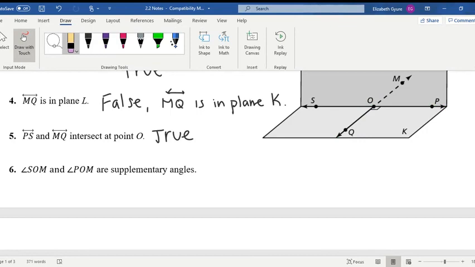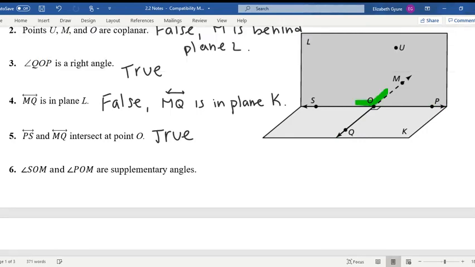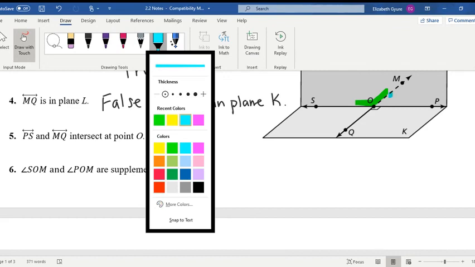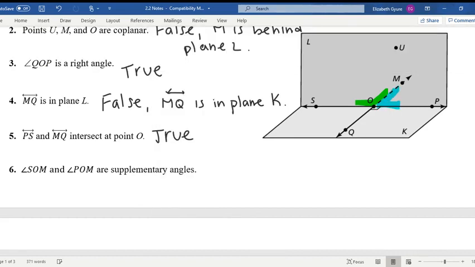And then last one of these, angle SOM and angle POM, that's this one here, are supplementary angles. So remember, supplementary angles are going to need to add to be 180 degrees. And this would absolutely be true because right here, you have opposite rays, ray OP with ray OS, right?